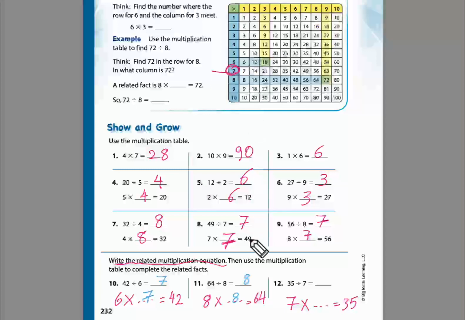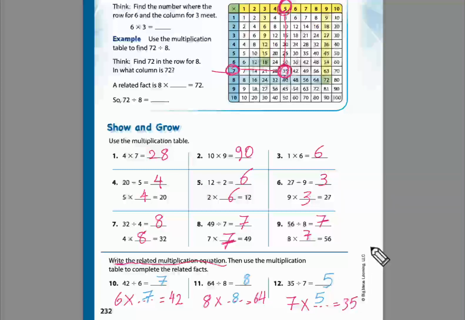And in the 7, what should we find? We will go to the 35. Equal 5. We will go up and we will see 5. Excellent. Wow, I like how you explain. So, 7 times 5 equals 35, and 35 divided by 7 equals 5.